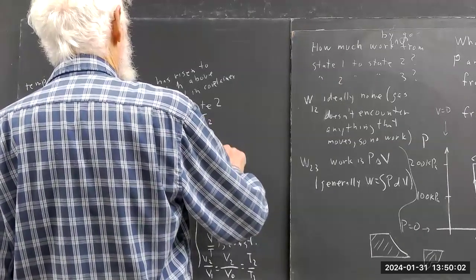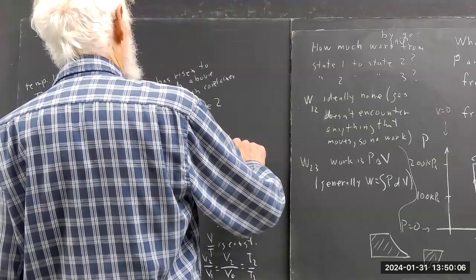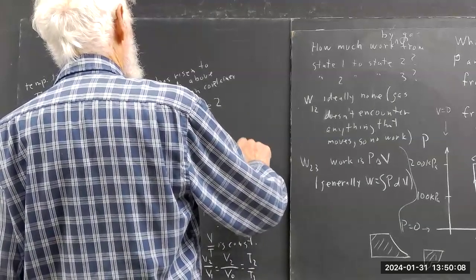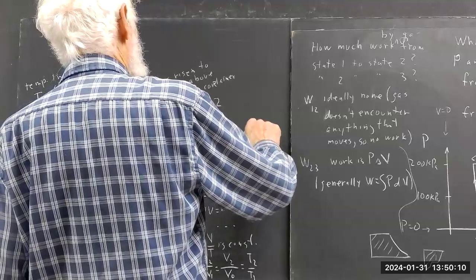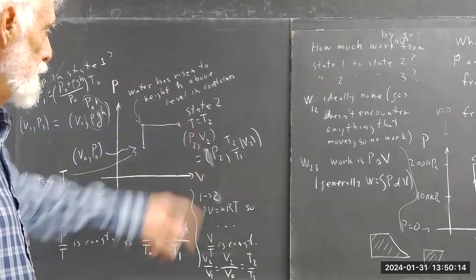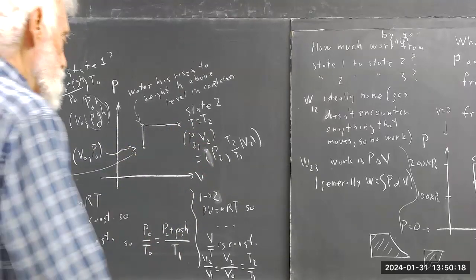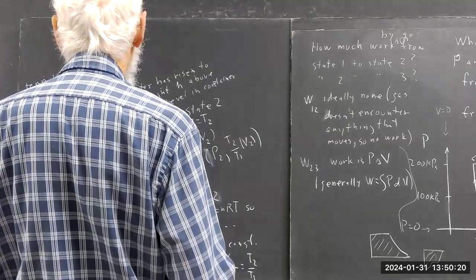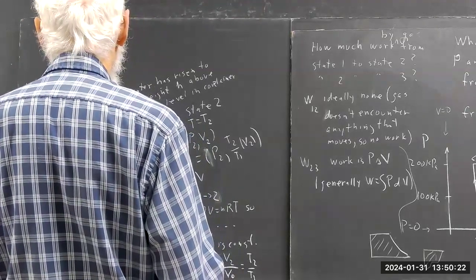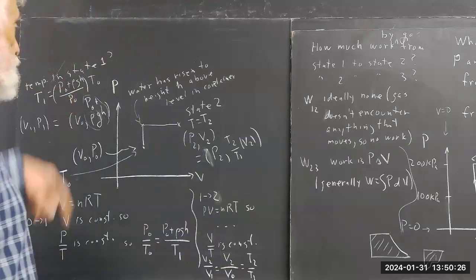So the pressure is P two. And the temperature ratio is T two to T one, whatever T two is, assuming you know T one, which is T naught. And no, I'm sorry, T one is this.